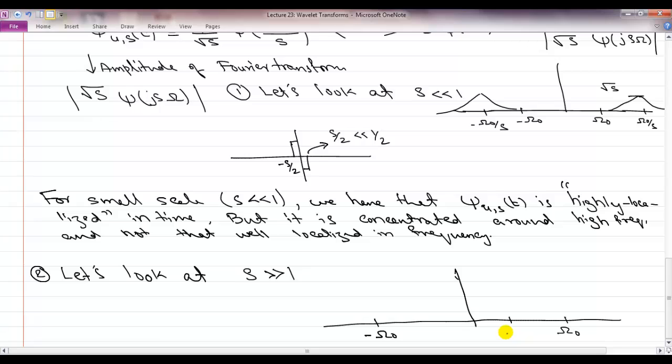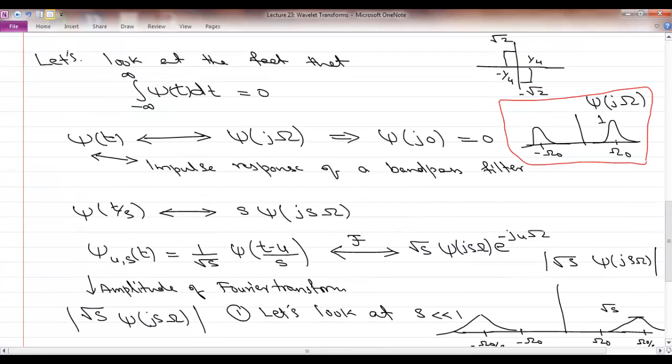So the scaling is still omega naught over s and minus omega naught over s, but now omega naught over s has to be smaller than omega naught. And what is going to be the extent of that scaling? Previously it had expanded this hump around omega naught because s was very small. Now it's going to contract that hump.